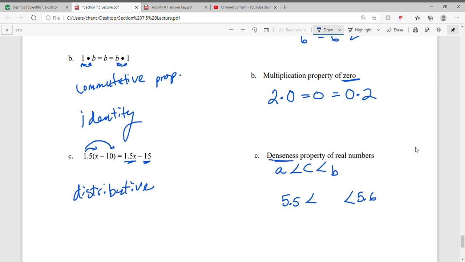According to the denseness property, you'll always be able to find a real number between 2 real numbers. So let's find a number between these 2 numbers. Let's say 5.55. This property works between every two real numbers. You'll always find another real number between two real numbers, and that's why we have infinite real numbers.